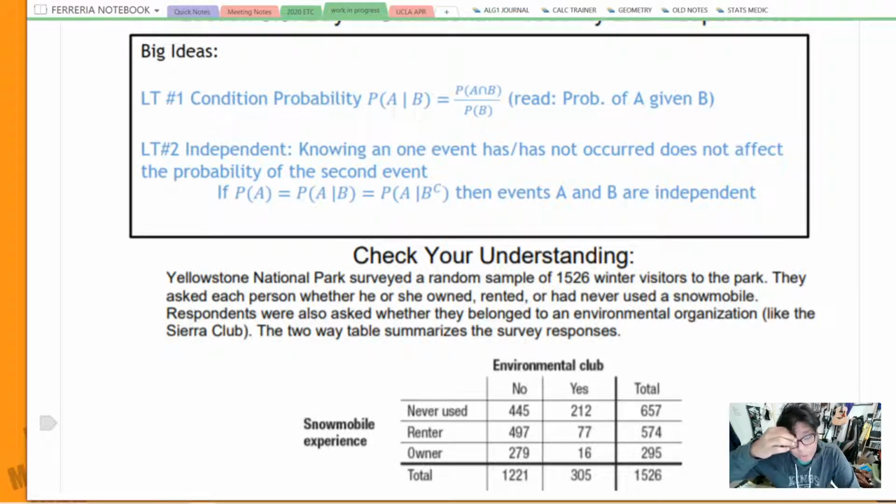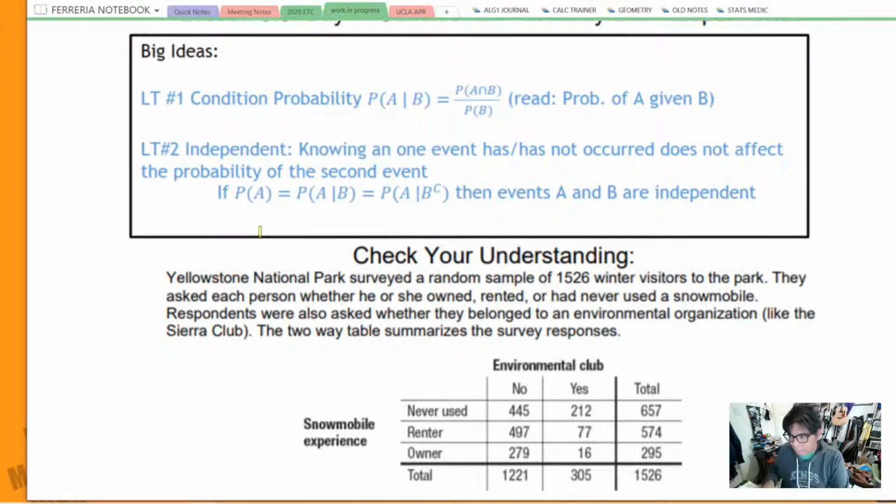If these two are not equal, then there's no reason you have to check the third one. That's not going to work either. Or if you check these two and it's not equal, then you don't have to bother checking this one. It's not going to work. So as long as two of them are unequal, then we have dependent events.